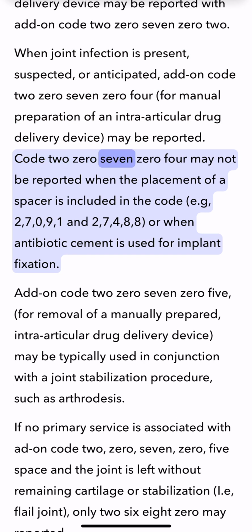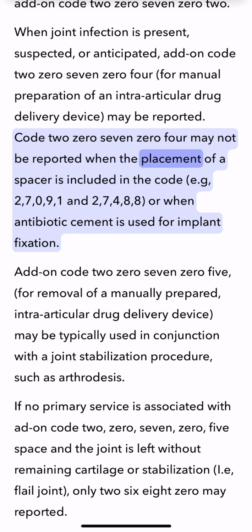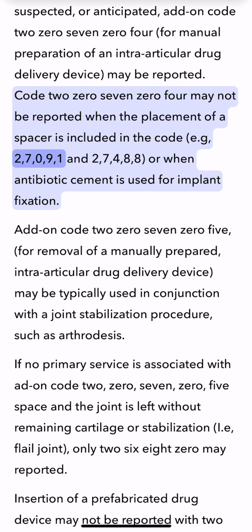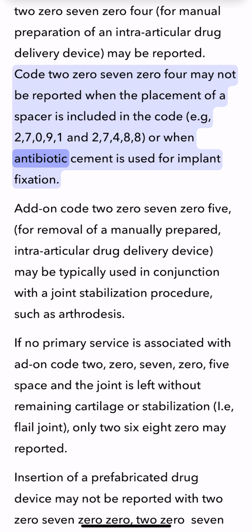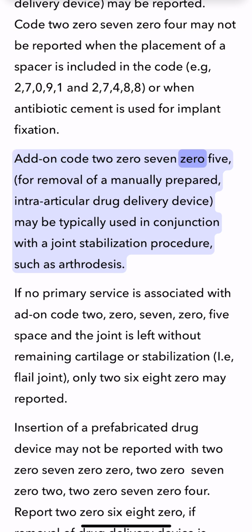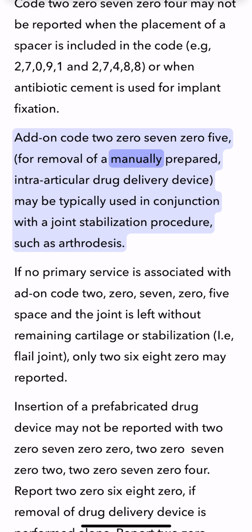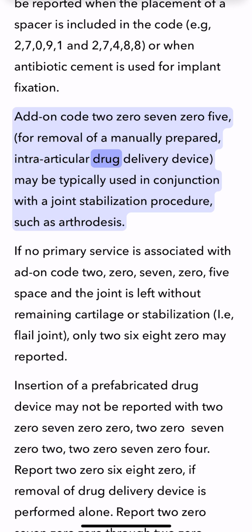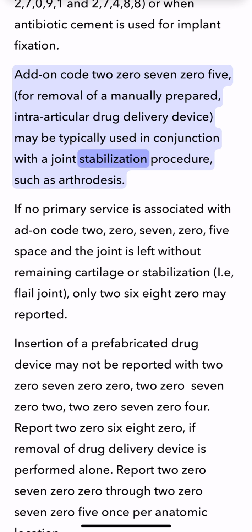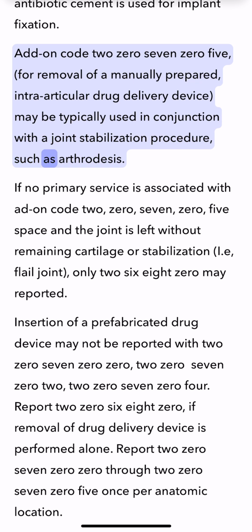Code 20704 may not be reported when the placement of a spacer is included in the code, for example, 27091 and 27488, or when antibiotic cement is used for implant fixation. Add-on code 20705, for removal of a manually prepared, intra-articular drug delivery device, may be typically used in conjunction with a joint stabilization procedure, such as arthrodesis.